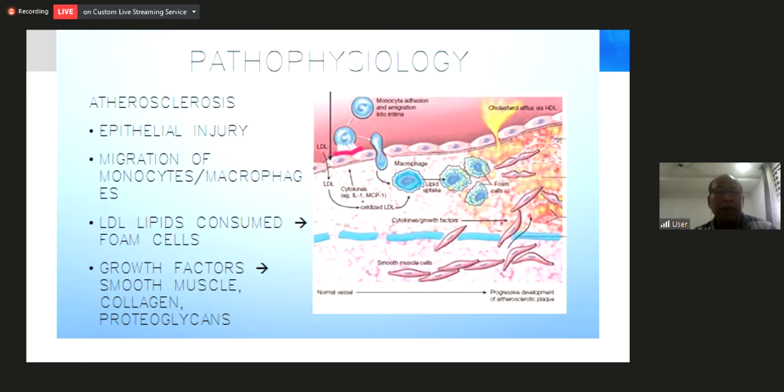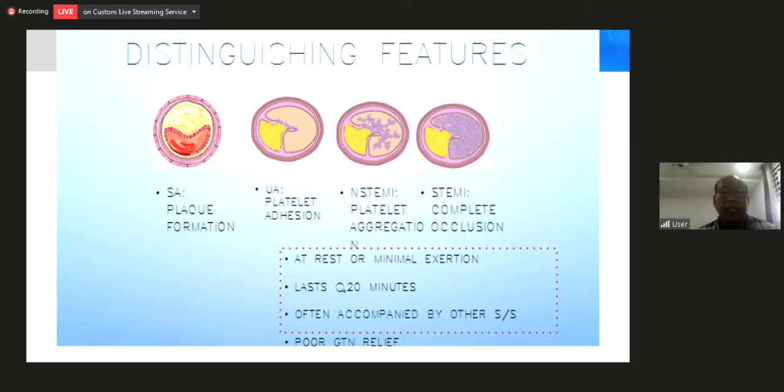In stable angina, it is a plaque formation. In the case of unstable angina, you can see here that the plaque covering the atheroma is thin, and the thin one can easily rupture. When it ruptures, it promotes blood clots.